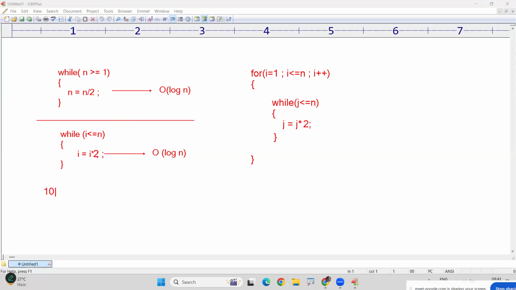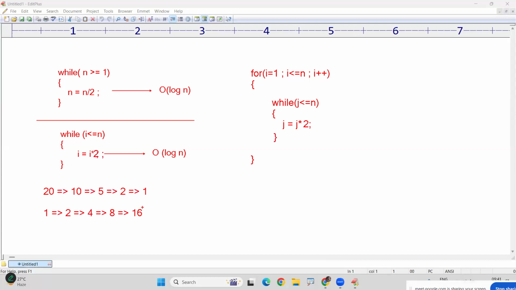Suppose here 10 becomes 5 in the above program. Better we use 20. 20 becomes 10 becomes 5 becomes 2 becomes 1. In the down direction, 1 becomes 2 into 2 becomes 4 into 4 becomes 8 into 8 becomes 16 like this. So into 2 we have to do.